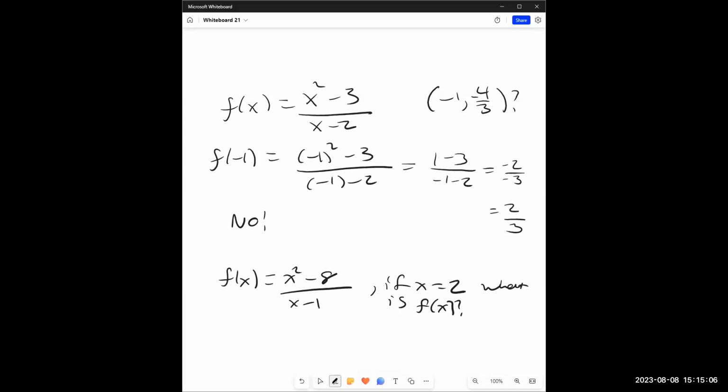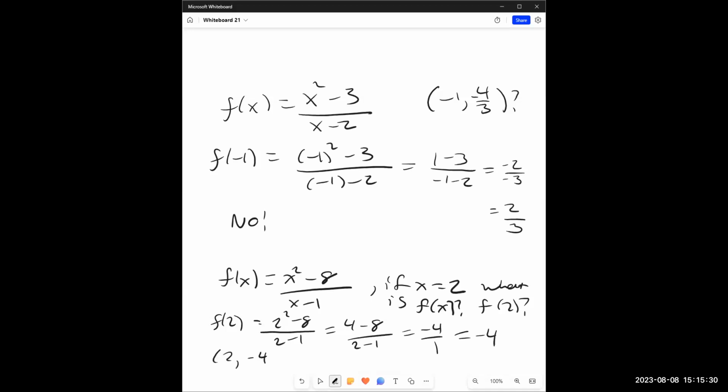So again, that's the same thing as saying what's f of 2. f of 2 is going to be equal to 2 squared minus 8 over 2 minus 1, which is 4 minus 8 over 2 minus 1, which is a -4 over a positive 1, which is a -4, meaning that the point (2, -4) is on the graph.